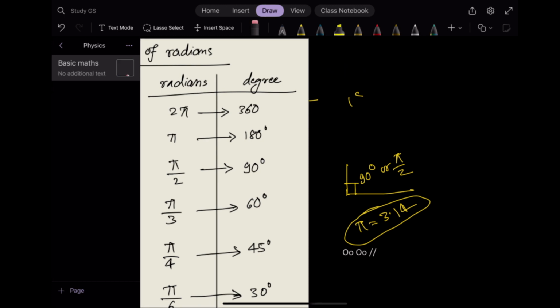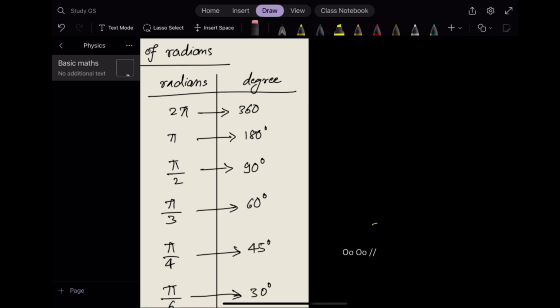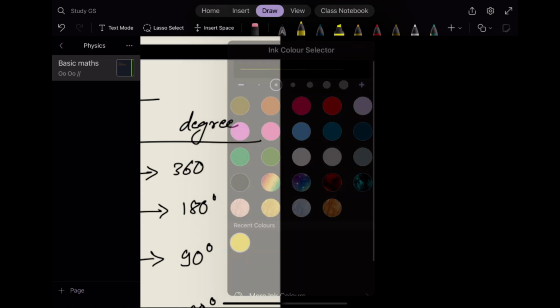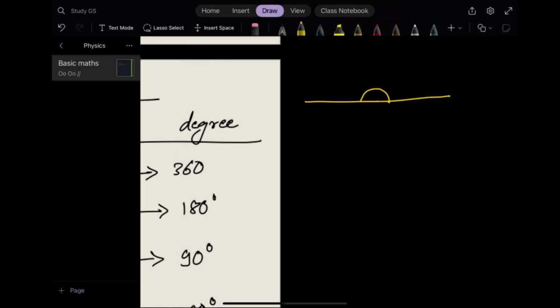In case of degree, let's say here I have a straight line, so it might be 180 degree, or I can write pi radian. Here I have another angle. This is 90 degree or pi by 2 radian.